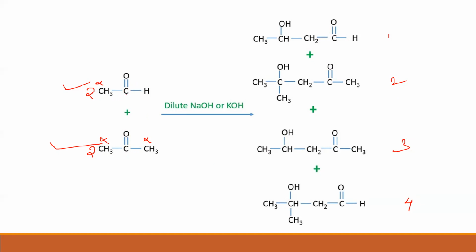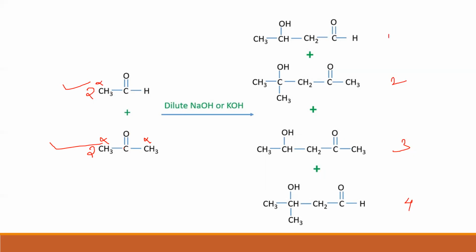If 2 moles of acetaldehyde react with itself, then I get 1 product, just like what we saw in the previous slide. Likewise, 2 moles of this ketone, which is acetone, also can react to give us 1 more product. The third product is obtained when acetaldehyde reacts with acetone and hydrogen is removed from acetaldehyde.